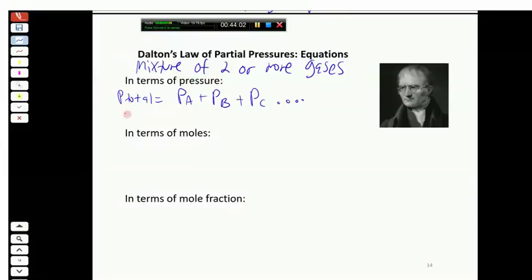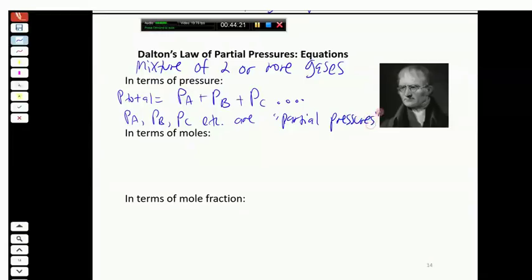Now these individual pressures that I'm labeling as PA, PB, PC, the pressures of the gases in the mixture, those are referred to as partial pressures. Okay? So if we know the individual pressures of the gases that are mixed together, the sum of those gives us the total pressure.